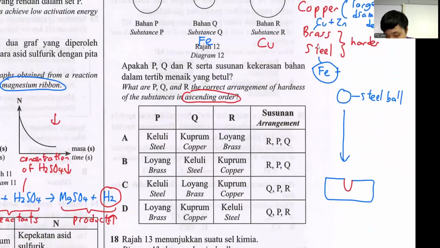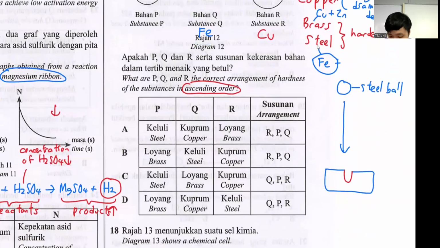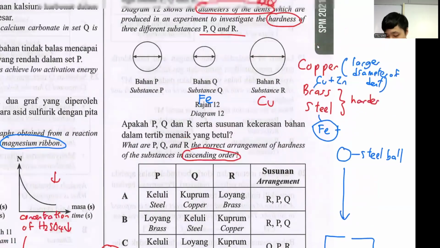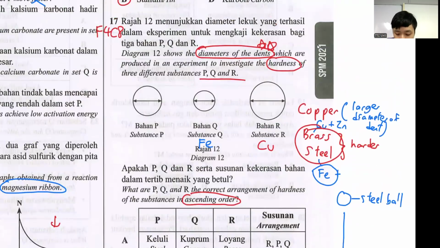It means iron, the diameter of that is like this. For P, brass is like this. Alloys are normally stronger, these two alloys are stronger. So P is brass, copper plus zinc.